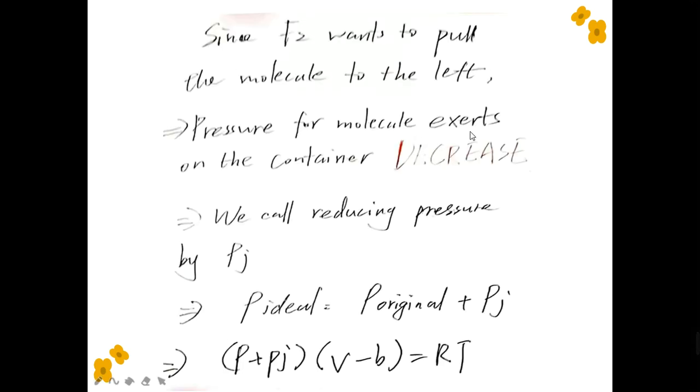The pressure the molecule exerts on the container's wall decreases, and we call this reduced pressure Pj. And we get P ideal is equal to P original plus Pj. So we get this formula: (P plus Pj) multiplied by (V minus b) is equal to RT.